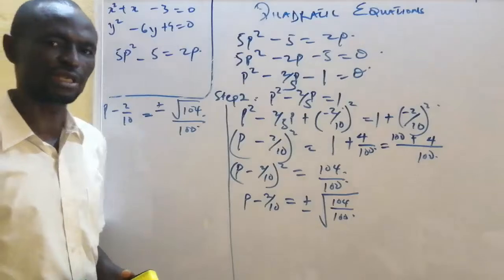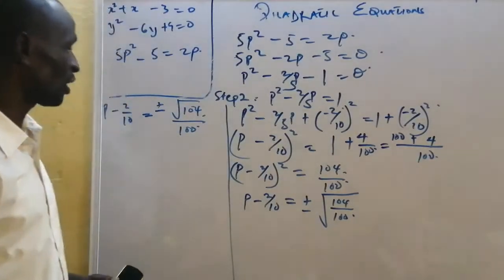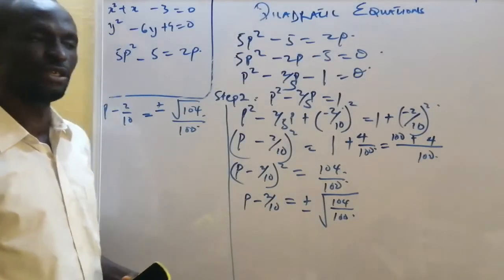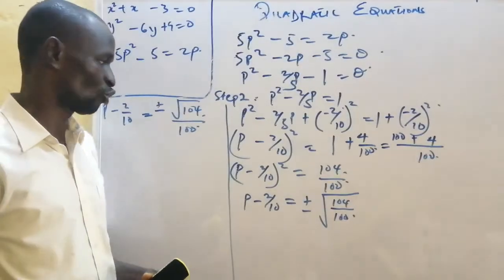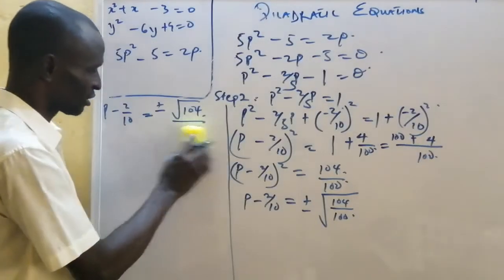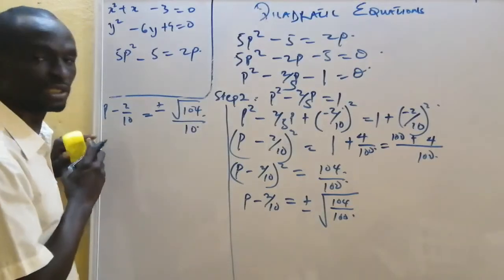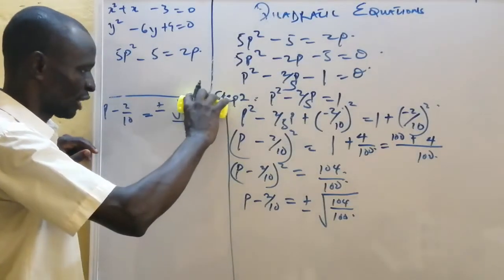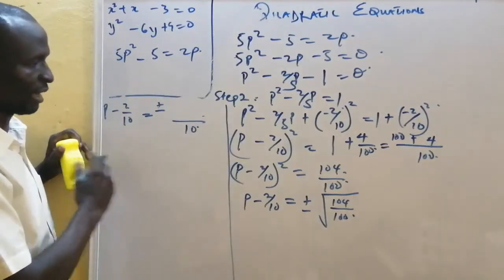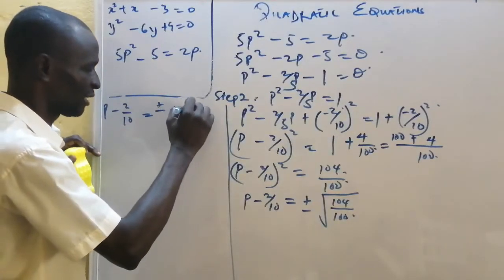If you use our calculator, you know that the square root of 100 is 10, but the square root of 104 is 10.2. So I can easily replace my square root of 104 here by 10.2.